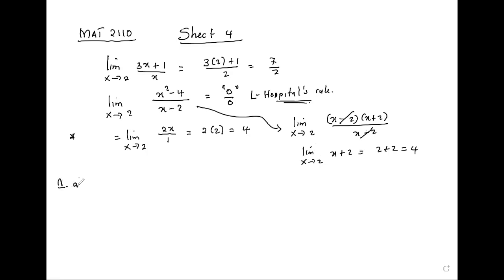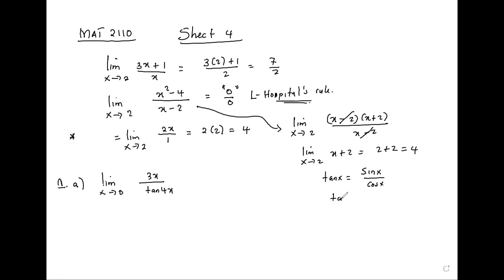Question 1, A, you want the limit as x goes to 0 of 3x over tan 4x. Now, one thing we know here is that tan 0 is 0, because tan x is actually sin x over cos x.